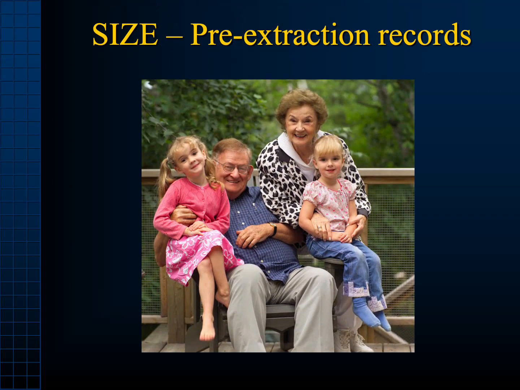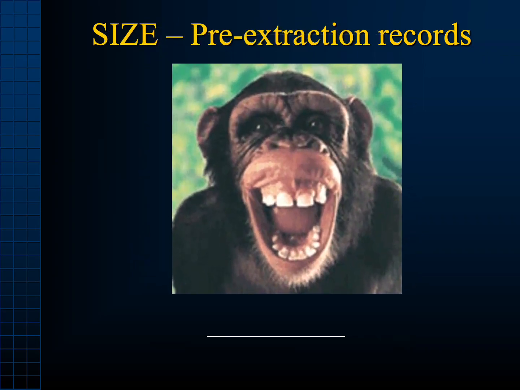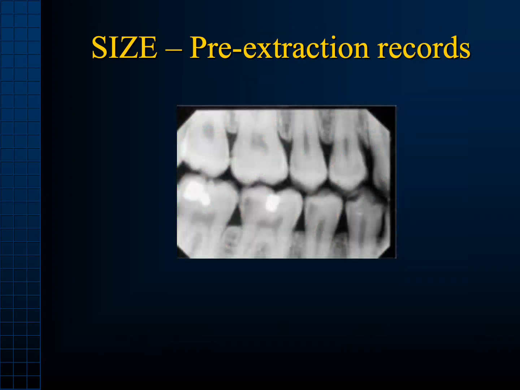The photographs of the patients can be obtained so that the image can be used for selection of anterior teeth. The same way, the photographs can also be used for selection of anterior teeth in correspondence with other anatomical landmarks, like the length or width of the tooth on the patient is equal to the interpupillary distance on the patient divided by the interpupillary distance on the photo, multiplied by the length or width of the tooth on the photo.